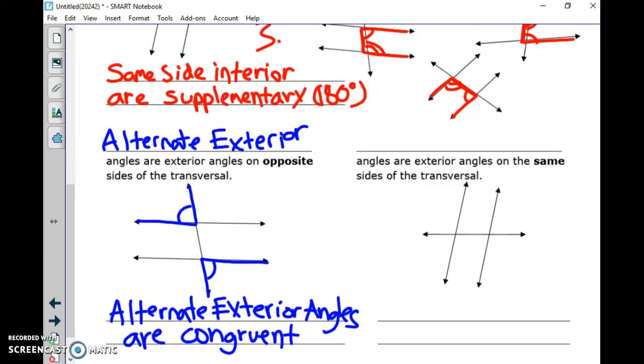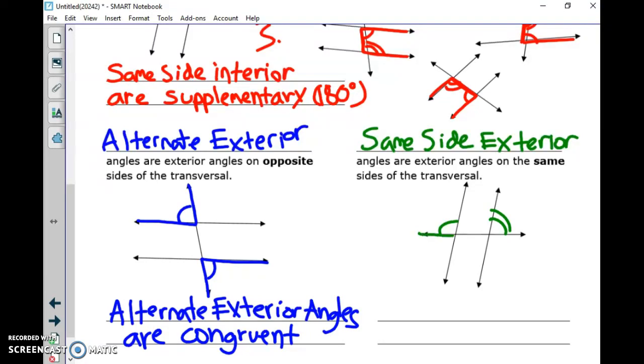And then our very last angle relationship that we need to know for this next Unit 2 is same side exterior. So once again, they're on the outside. So here's an angle on the outside. Another angle on the outside that is on the same side of the transversal would be this one.